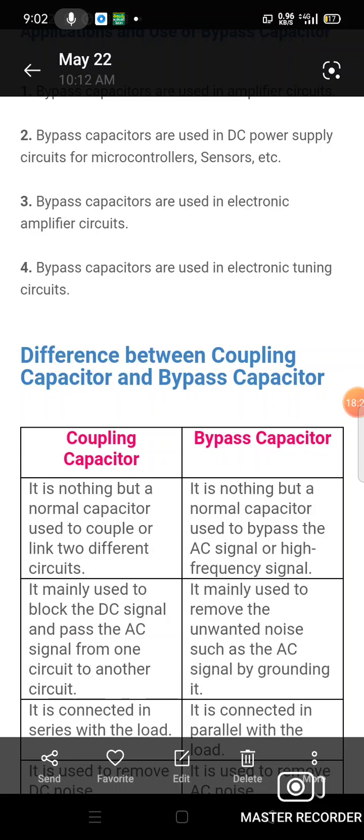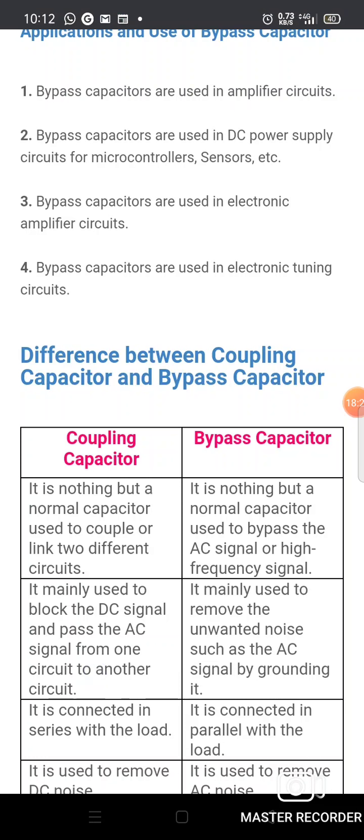That is the major function of the coupling capacitor.